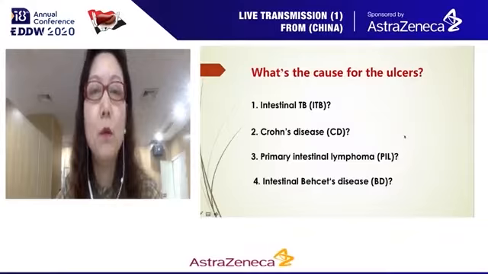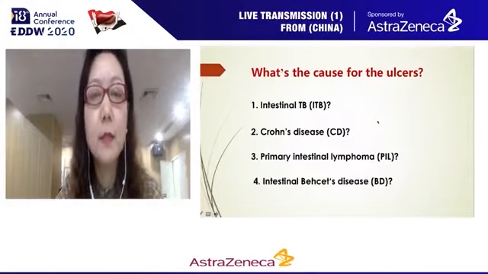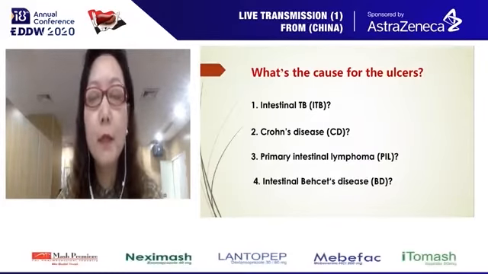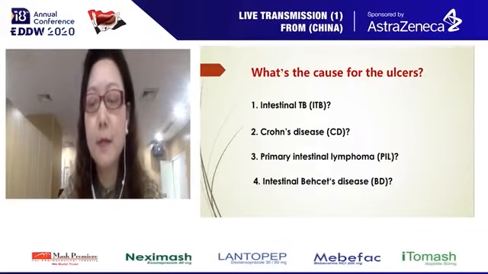And so what's the cause for the ulcers? 1, intestinal TB, 2, Crohn's disease, 3, primary intestinal lymphoma, 4, intestinal Behcet's disease.